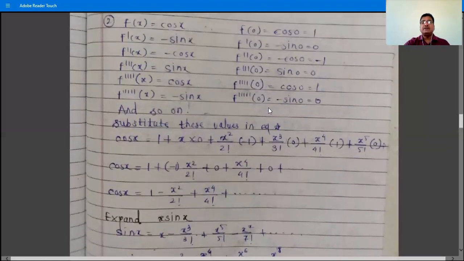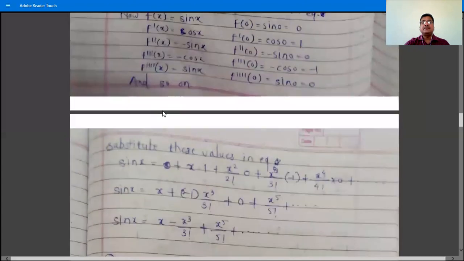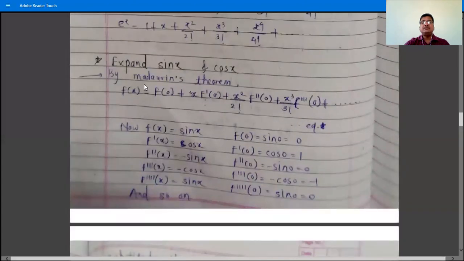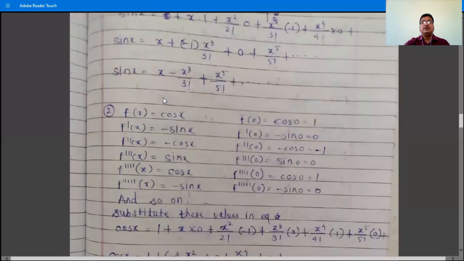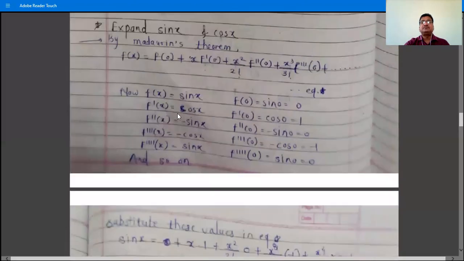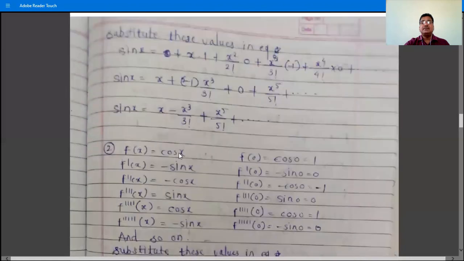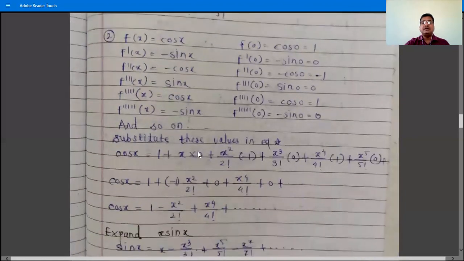Substitute these values in equation star. So f(x) is cos x. Then f of 0 is 1, plus x times f dash 0 which is 0, plus x square by 2 factorial times f double dash 0 which is minus 1, plus x cube by 3 factorial times f triple dash 0 which is 0.